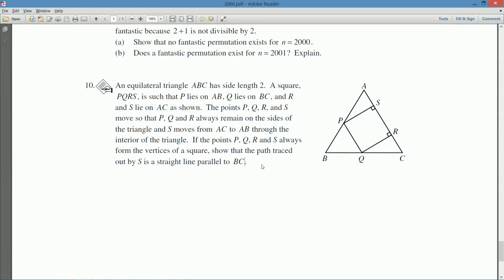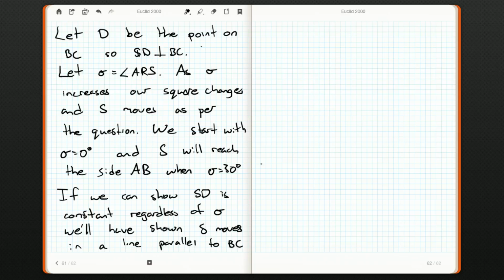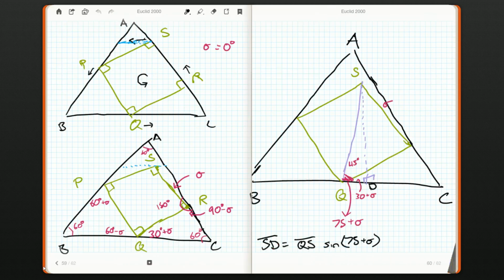So now we've got something that we could maybe talk about. All right. So we want to show that S just sort of moves across a line. Well, if we can show that SD is at a fixed distance, is constant, regardless of the sigma, regardless of how we're rotating our square here, then we'll be all set.